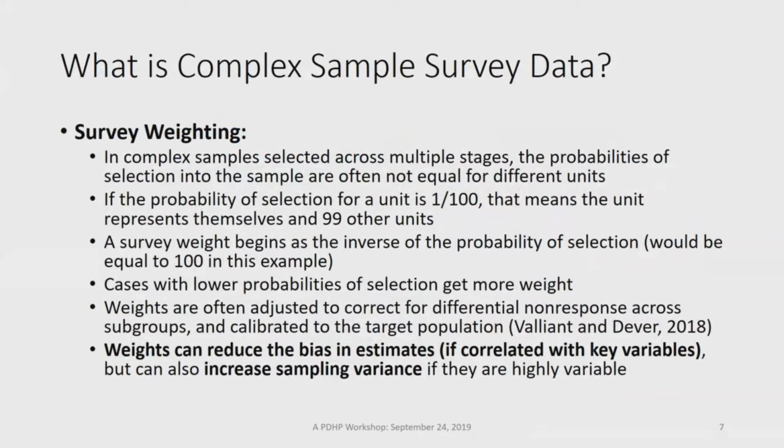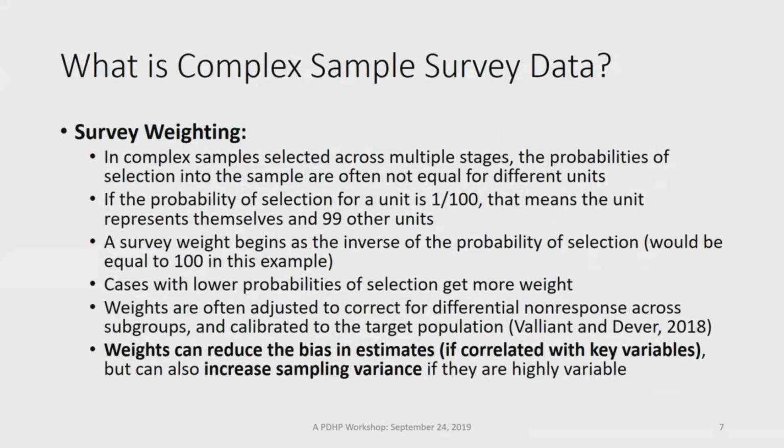Okay? Weights are a tool to compensate for different probabilities of selection. Ideally, ideal world, everybody would have the same probability of selection, like proportionate allocation, and we don't need to worry about weights. Unfortunately, when we're trying these cost-efficient designs, or we might oversample particular groups, different cases have different probabilities of being included in the sample.